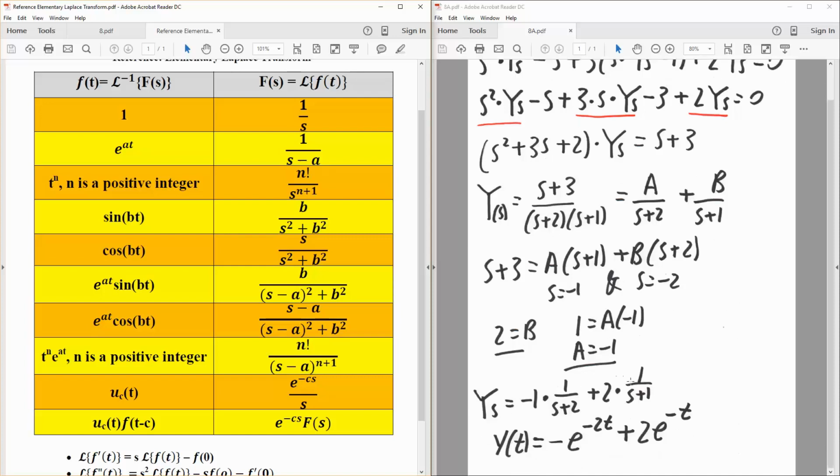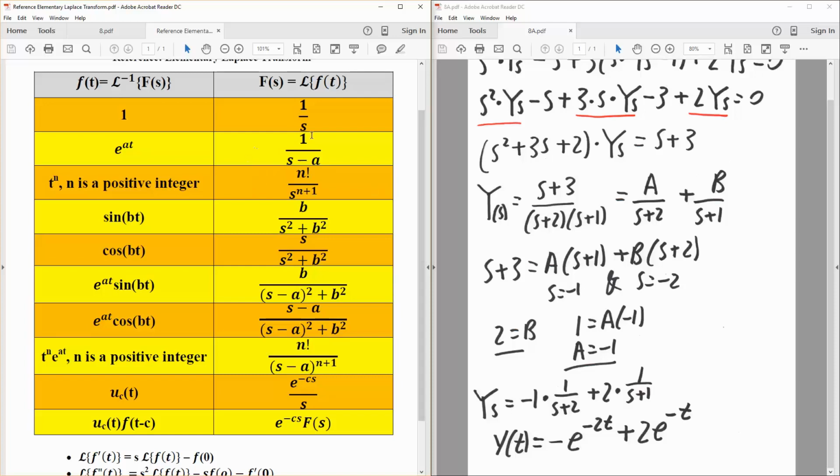Now we will say Y(s) is equal to negative 1 times 1 divided by s plus 2, plus 2 times 1 divided by s plus 1.